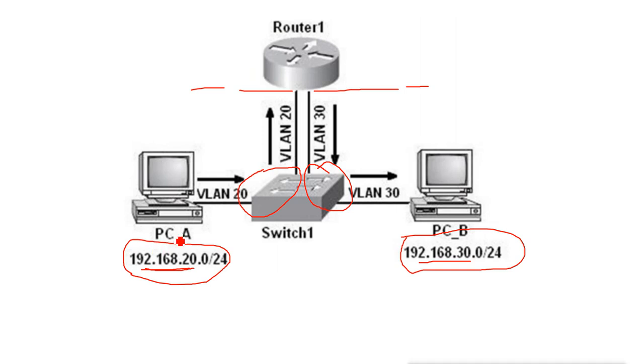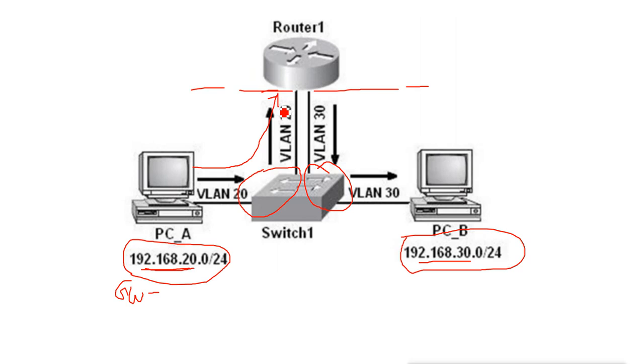That means if it does not belong to the network, then the data must go to the router. So it will check what gateway IP it has. The gateway IP is of this interface of the router, so it will send the data to the gateway. Because the gateway is also in the same VLAN, the data will reach this interface of the router.